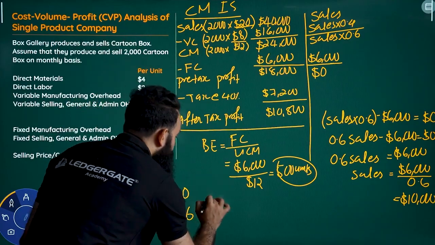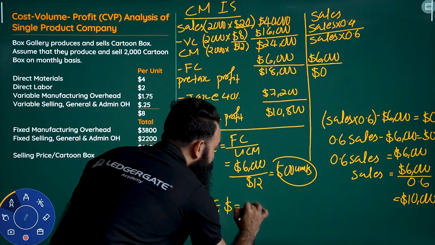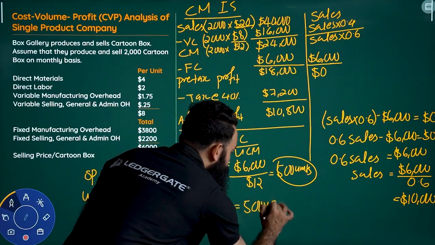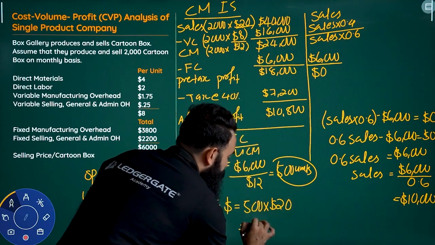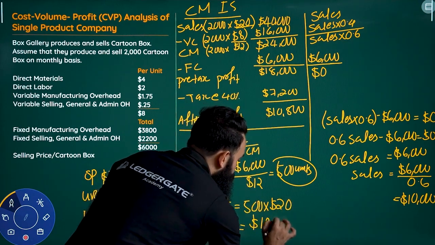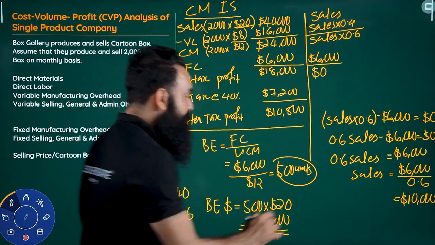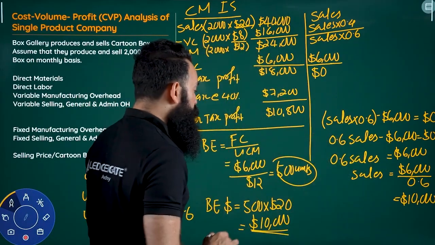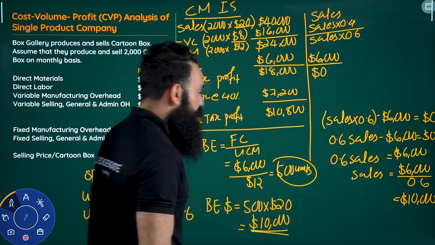In order to get break-even in dollar values, what we did was 500 units into the respective selling price, right? So 500 into 20 is equal to $10,000. This is one way, right? This is the second way. That means with the help of a formula, we are going to calculate break-even sales value as well, right?